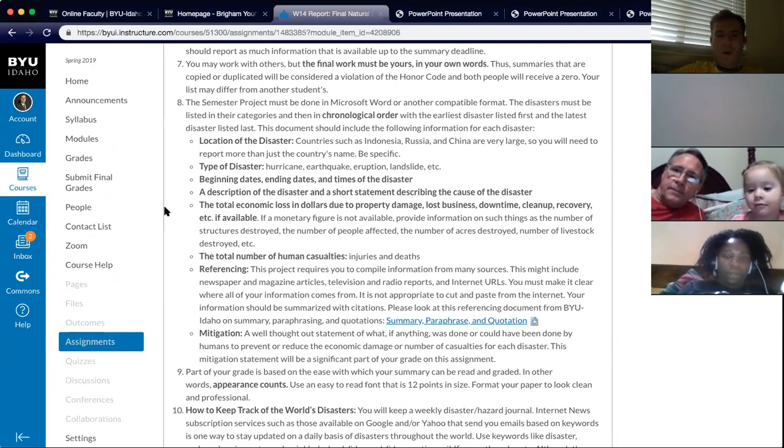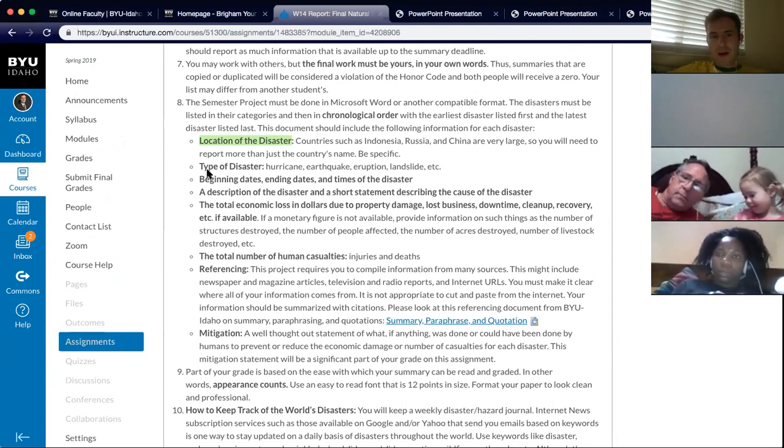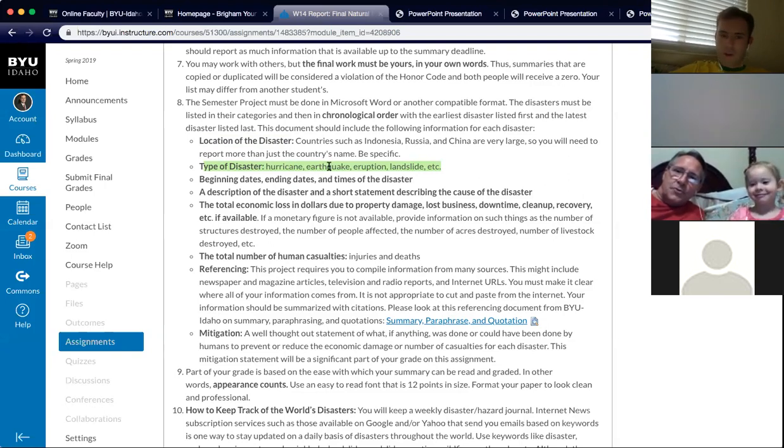And so what we're looking for is just a quick write-up on where did it happen, the type of disaster. Some of these you don't even need full sentences or full paragraphs, just a quick sentence saying the disaster occurred in Dongwang, China, and it was an earthquake, or whatever.